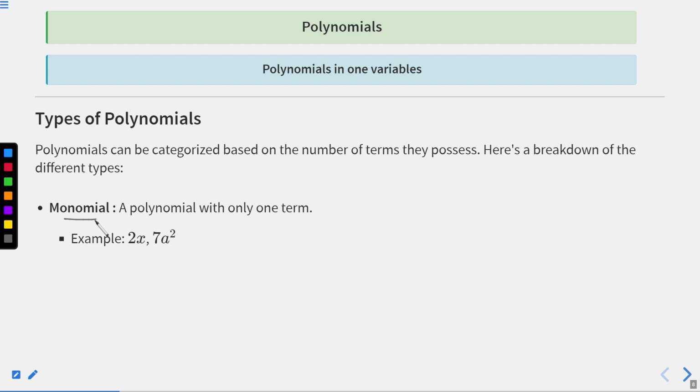For example, you can take 2x, 7a square, and so on. These are examples of monomials. In 2x we have only one term, so this polynomial is a monomial. And in 7a square, we also have only one term, so this is also a monomial.